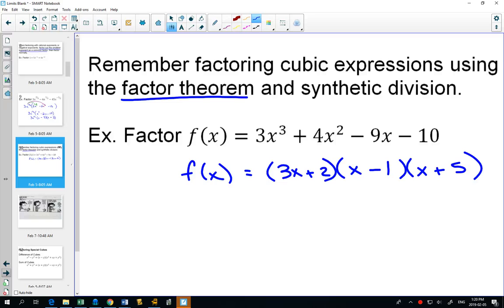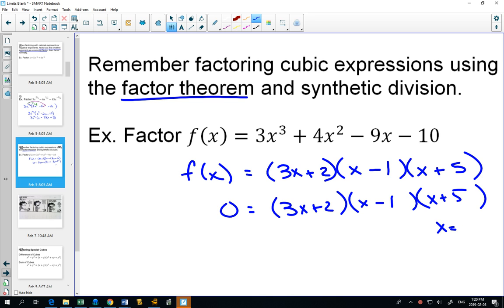But most likely it's not the right answer. But what this would say is if you made this equal to 0 and tried to solve for x, 3x plus 2 and x minus 1 and x plus 5, would you agree that minus 5, 1, and negative 2/3 would be the answers?